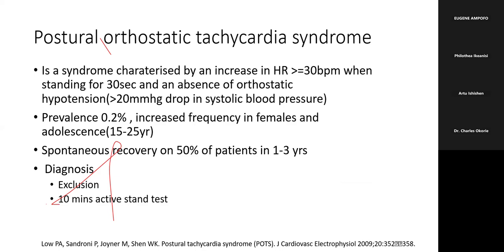So if the heart rate increases by 30 beats per minute or more when standing for greater than 30 seconds, provided this patient doesn't have orthostatic hypotension, we'll term it postural orthostatic tachycardia syndrome.